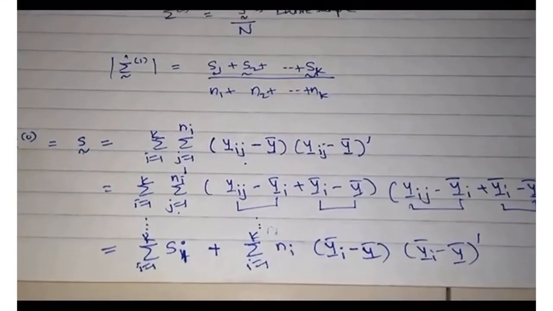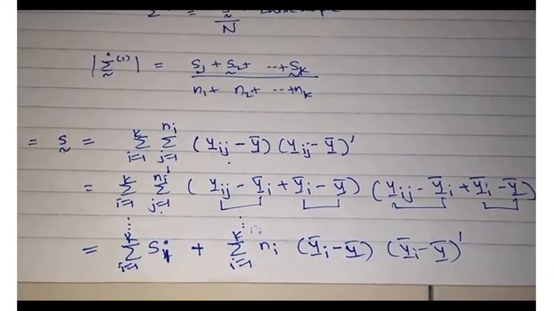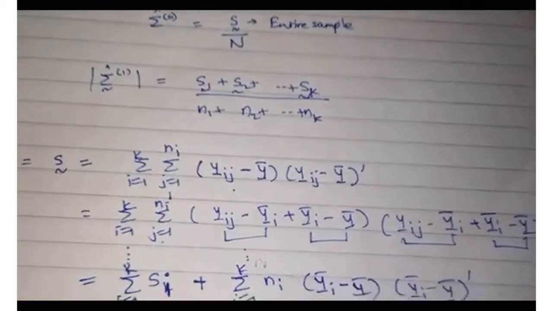Try to solve this. It is very easy. You just need to write down the in-between steps carefully and see which terms get cancelled. Using this relationship, we are going to construct the test statistic.